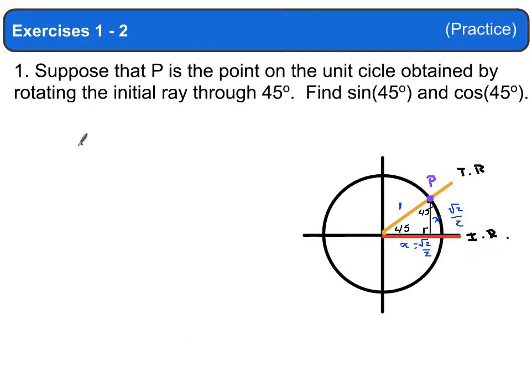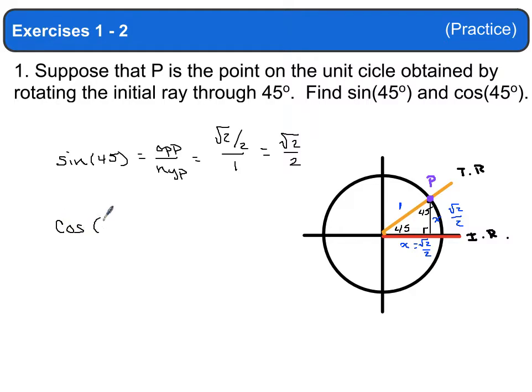And so that helps us answer our question. If we want to know the sine of 45 degrees, we know that is opposite over hypotenuse. And so that's the square roots of 2 over 2 divided by 1. And so we just end up with the square roots of 2 over 2.